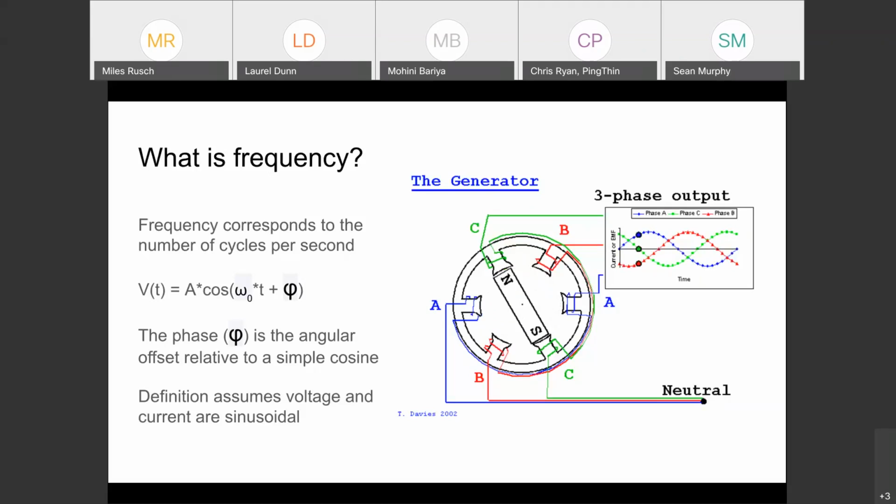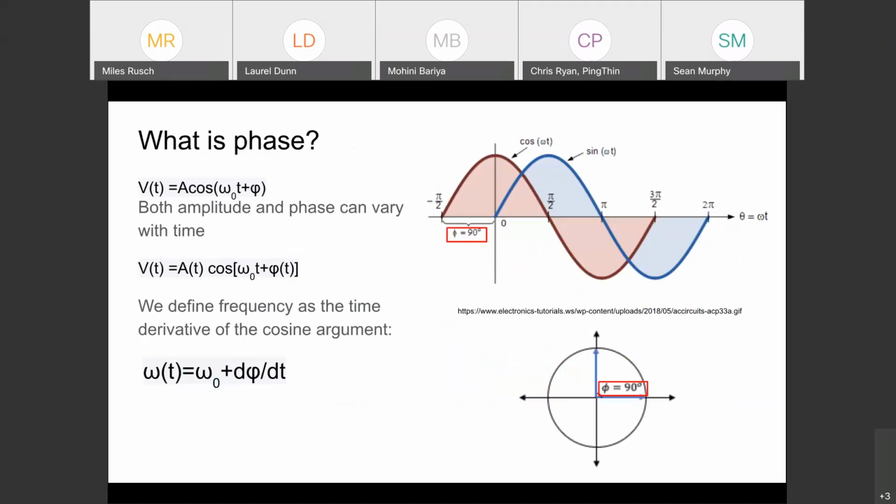It's important to understand that phase only has meaning when you're comparing two sinusoids. So in this image, we can see that these two ideal sinusoids, cosine and sine, are separated by a phase phi of 90 degrees.